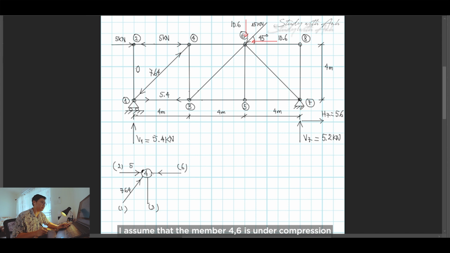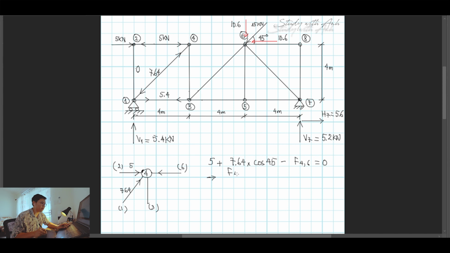I assume that member 4,6 is under compression. So what will be the value? 5 plus 7.64 multiplied by the cos of 45, then minus F46 equals 0, right? So F46 equals 10.4 kilonewton.